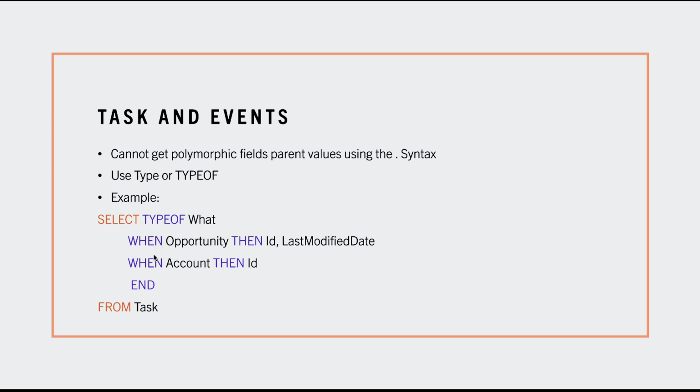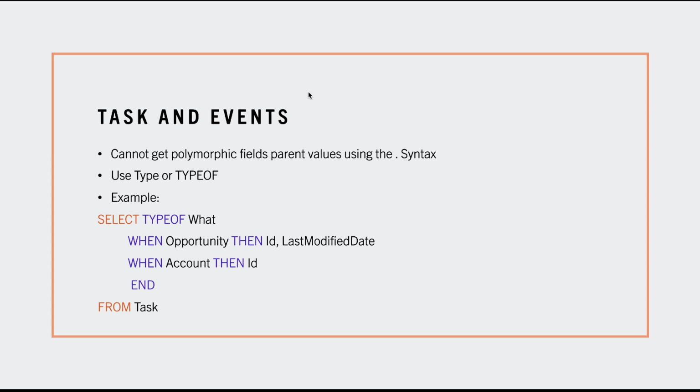So now we're giving it conditions. We're saying when the type of What is Opportunity, then the columns should be Id and LastModifiedDate. When the type is Account, then the columns should be Id and Name. So that was all conditions. Then at the end we are saying FROM Task. So SELECT FROM Task stays the same. You just have a little bit of differences here.